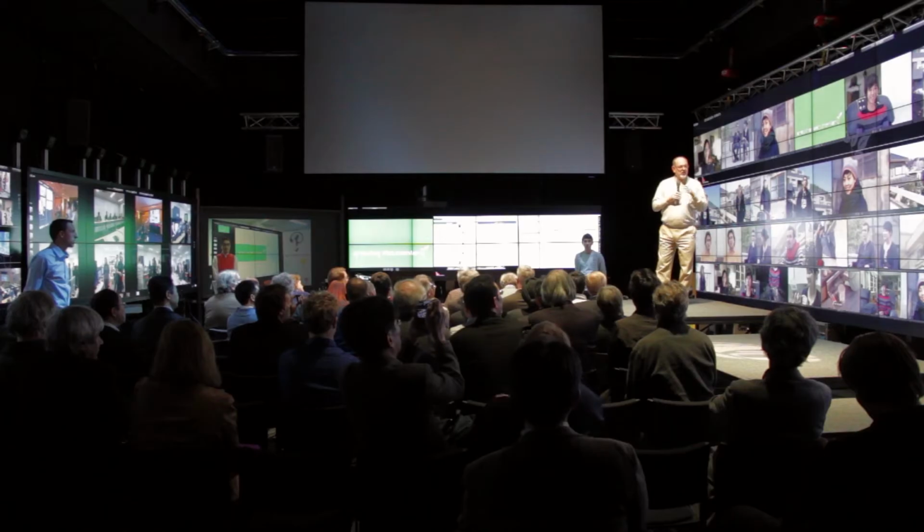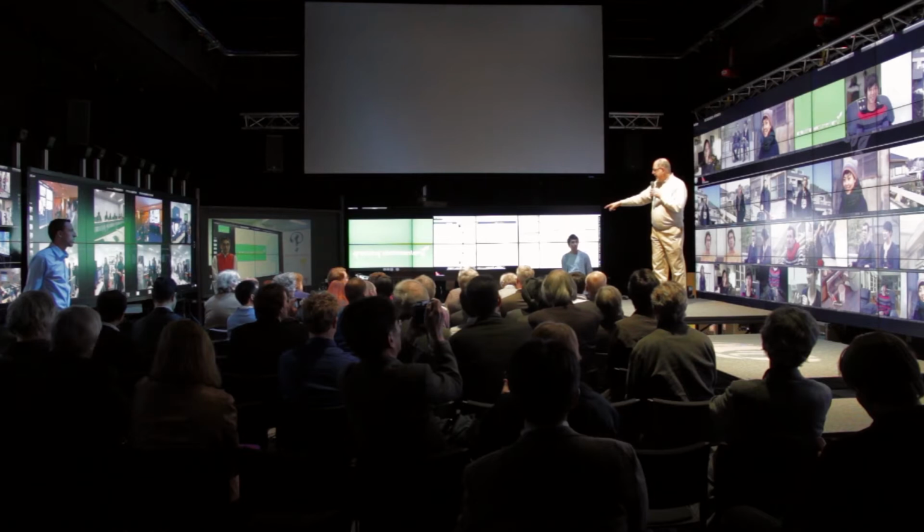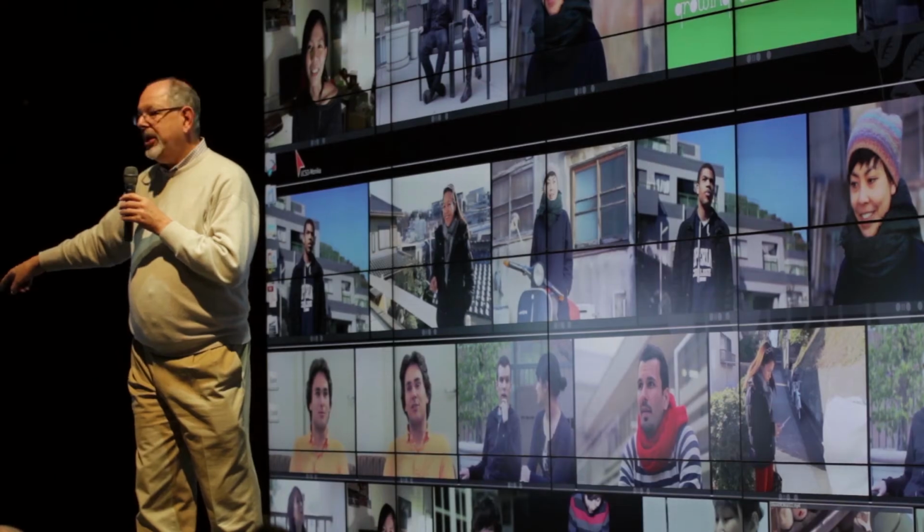The units that you're seeing here, you'll notice that a lot of them have little cases on the bottom and a little pillar. Right?